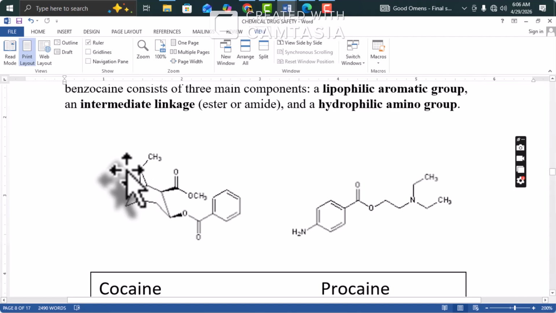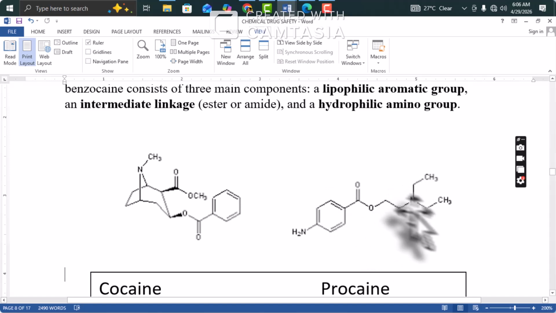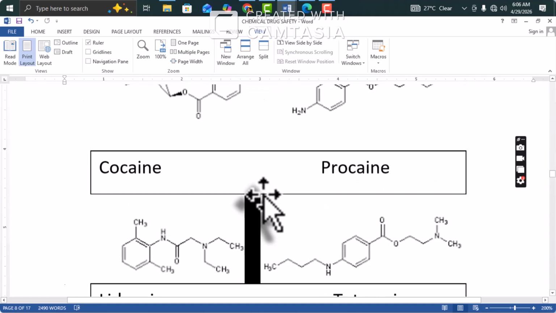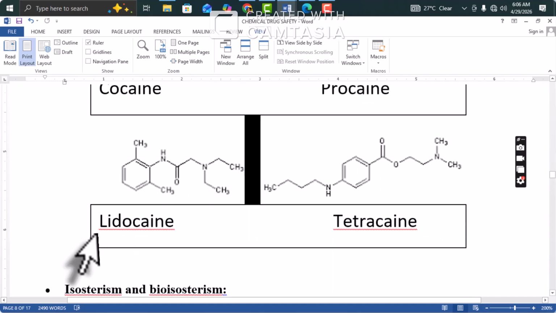Let's see whether it is present in other APIs. Now, for procaine, you can see the aromatic group here too. Then the linkage, you can see is similar. You have this linkage. Then the amino group, look at the end here, amino group. So this is procaine. Let's look at another example, lidocaine. For lidocaine, this is the aromatic group.